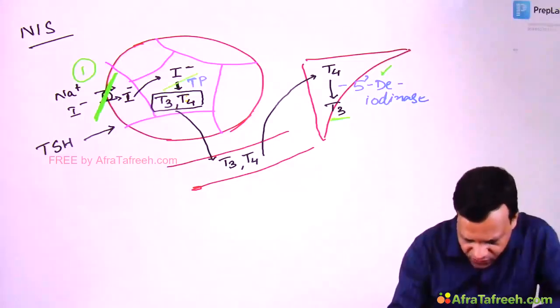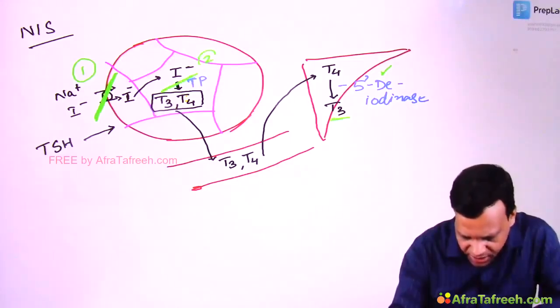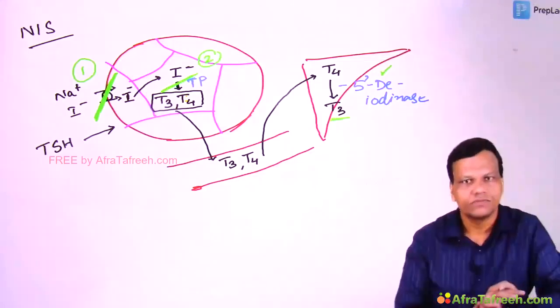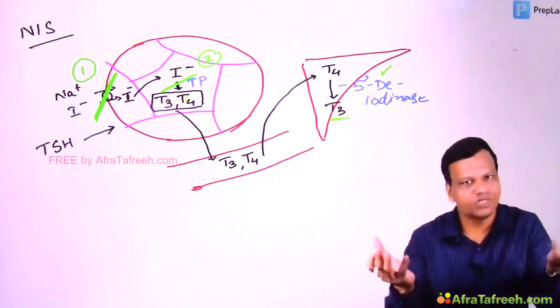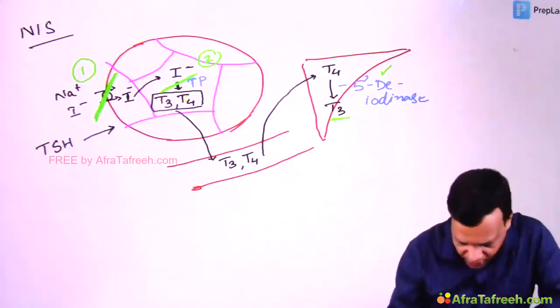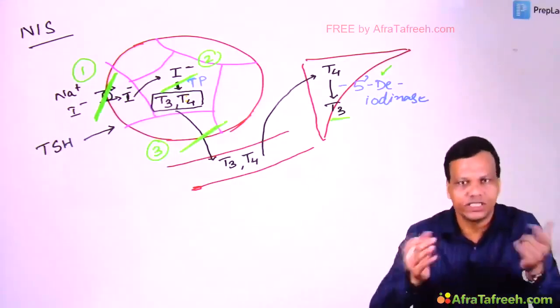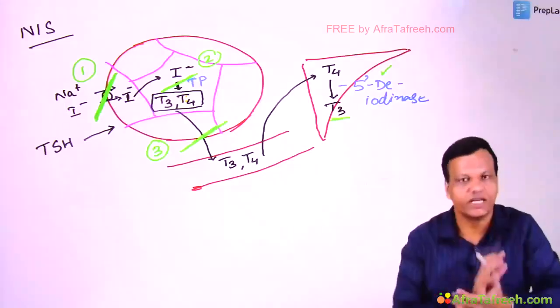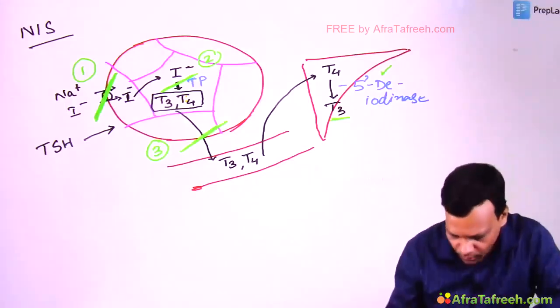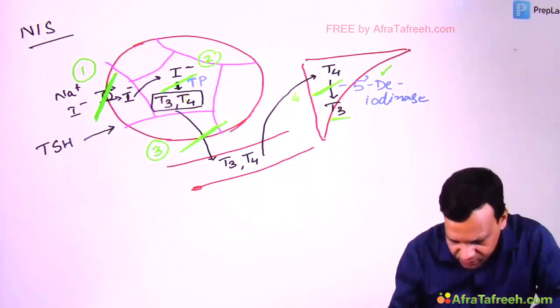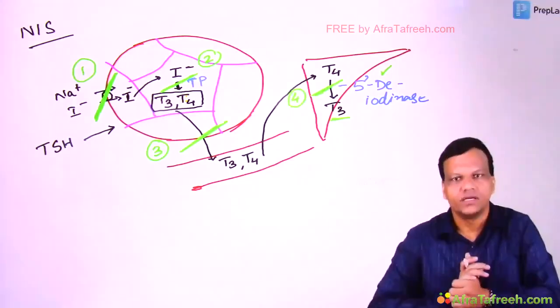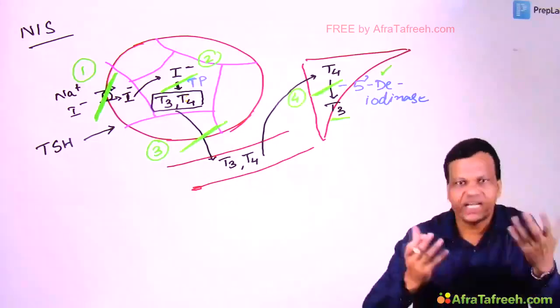Second, we can inhibit the enzyme thyroid peroxidase so that hormone is not produced. If T3, T4 are not produced, they will not work. Third, we can inhibit the secretion of hormone. If hormone is produced but does not come to the blood, it cannot produce action. So we can use secretion inhibitors. Then we can inhibit peripheral conversion. If hormone is not activated, again activity will decrease.